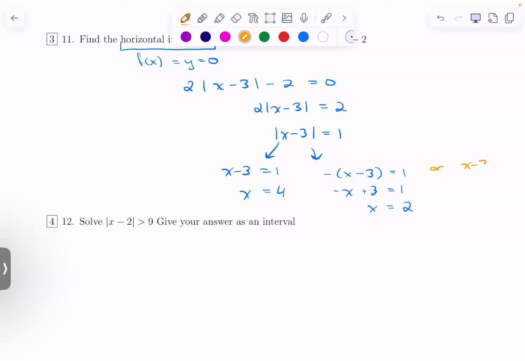Or you could do x minus 3 is equal to negative 1, and you would get to the same spot. But I like the symmetry. I think it's from the piecewise definition of the absolute value.